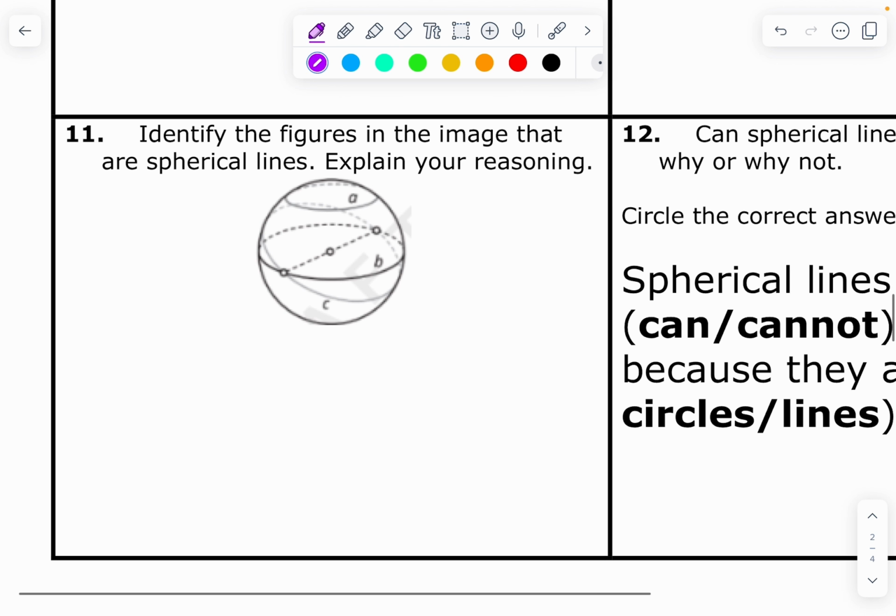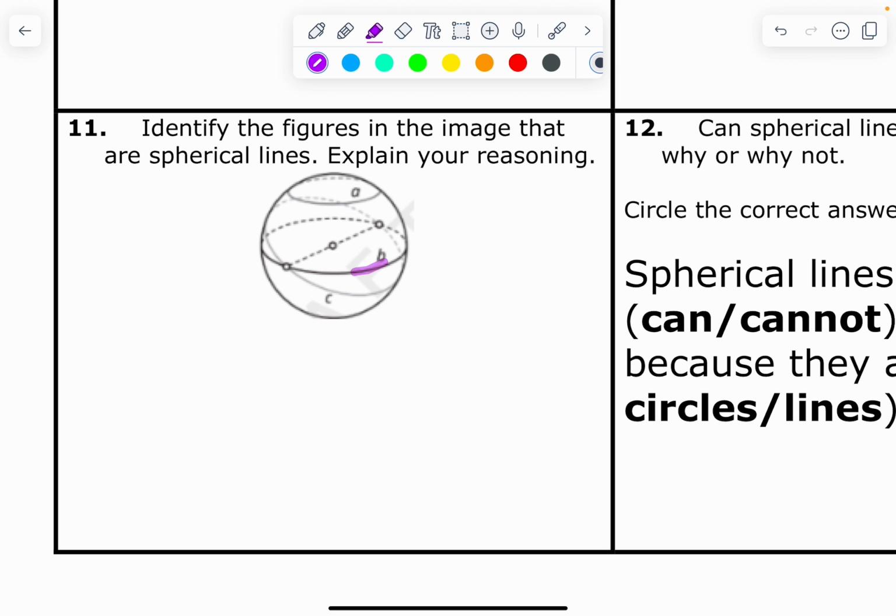Number 11, identify the figures in the image that are spherical lines. So I'm going to highlight them real quick. This one right here is a spherical line because it's a great circle. And a great circle is going to have a center that's the same as the center of the sphere.